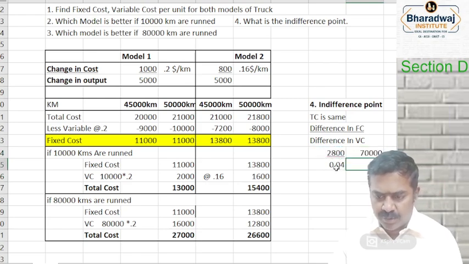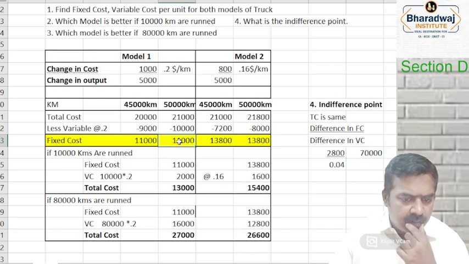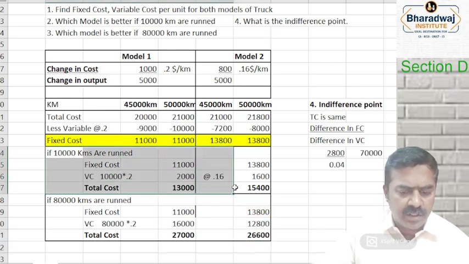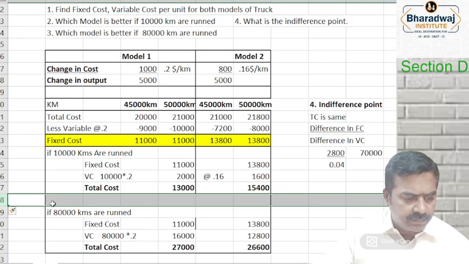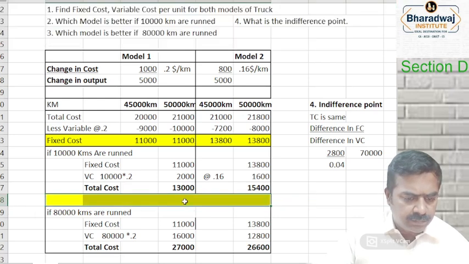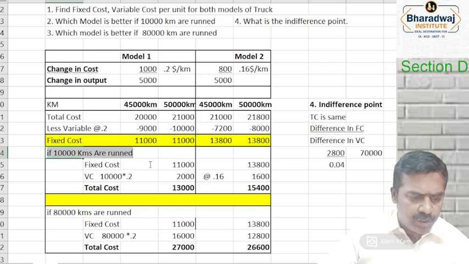We'll prove the answer also. Before that, if 10,000 kilometers are run, which model is better?